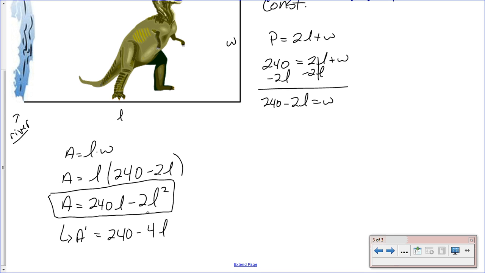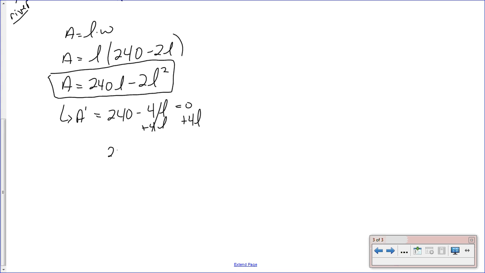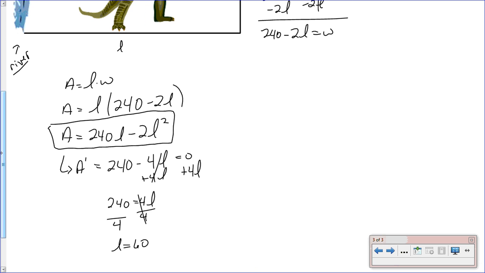And now you solve for L. Okay, so set it equal to 0, plus 4L, plus 4L. So 240 equals 4L, divide by 4, divide by 4. So L equals 60. All right, L equals 60.